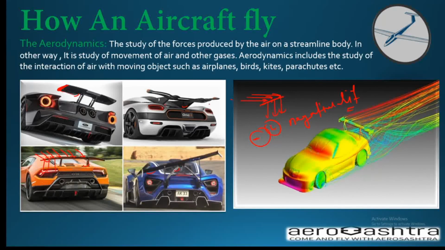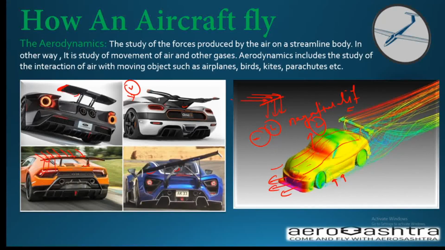So, what it does, this kind of sports car has very high velocity. If it goes with a very high velocity, there are chances that because of this shape of the car, it may have some lift force in this direction.